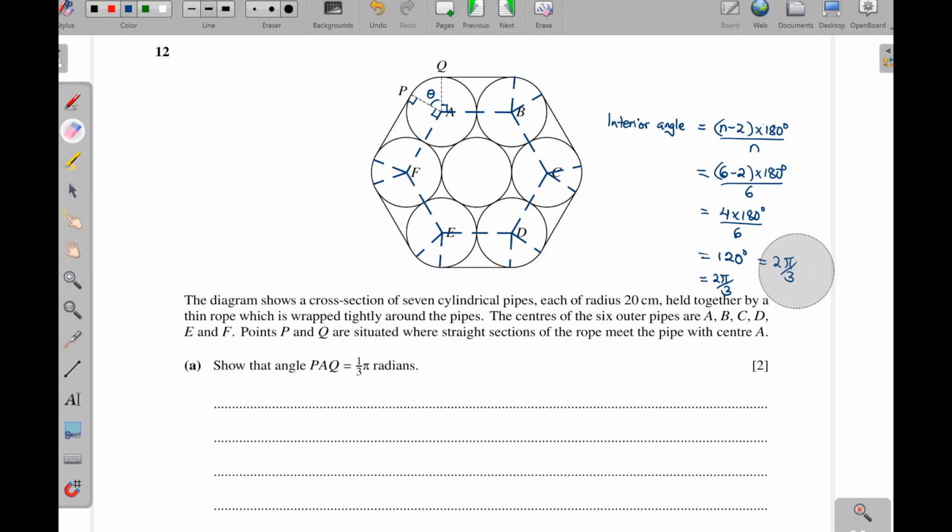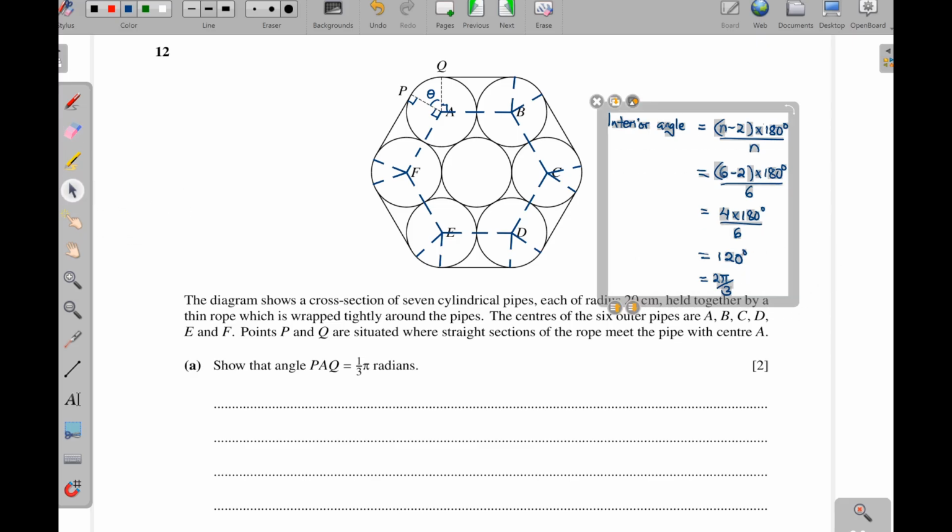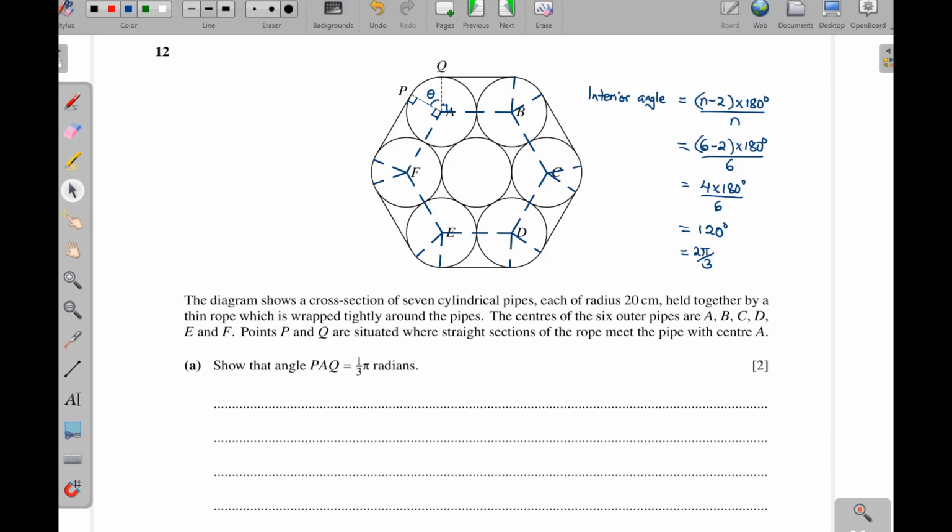Now, let me take this one off and then try to stretch this one up here. So this one here is 2 pi over 3.